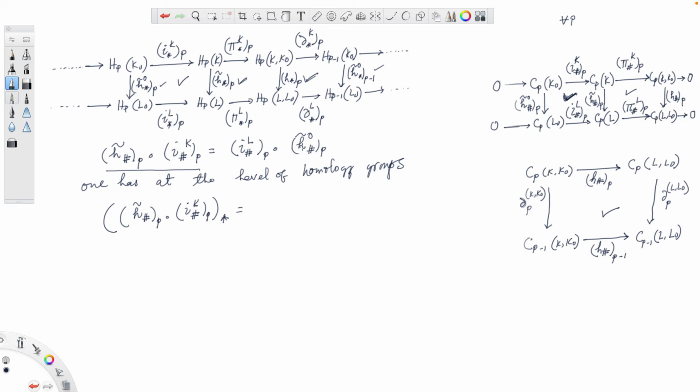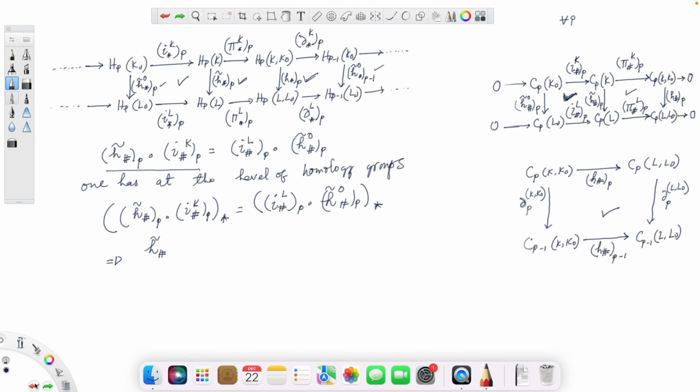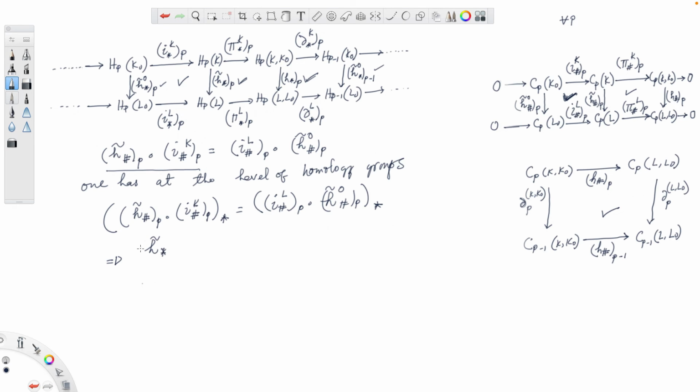And similarly, we take the induced homomorphism of this composite map, which is going to be I star L at P composed with H tilde 0 hash at P. Since I am at the level of homology groups, it's going to be H tilde star at P composed with I K star at P is equal to I L star at P composed with H tilde 0 star at P.